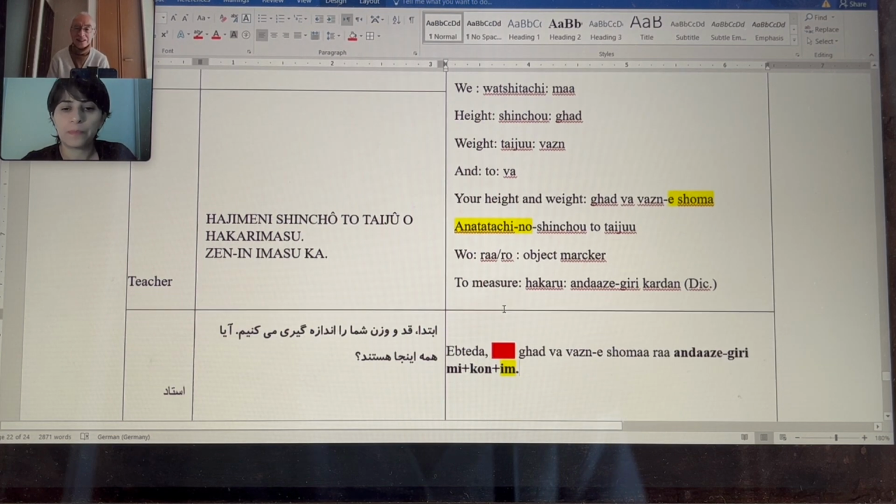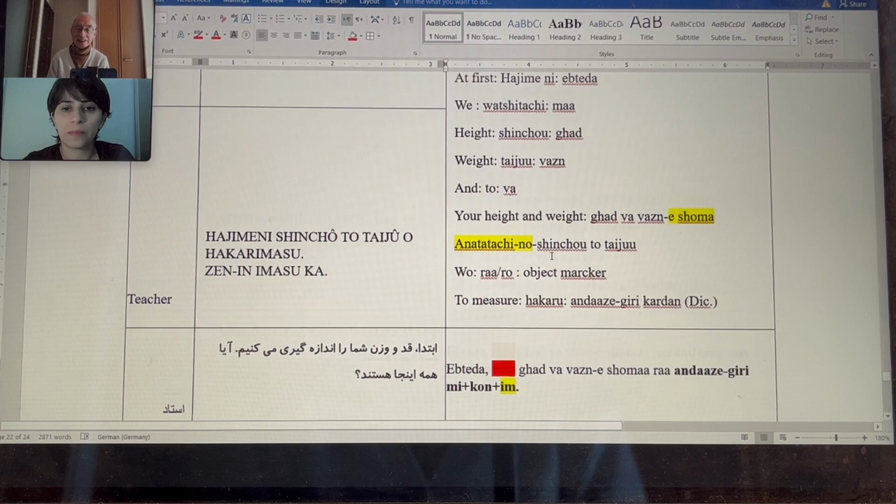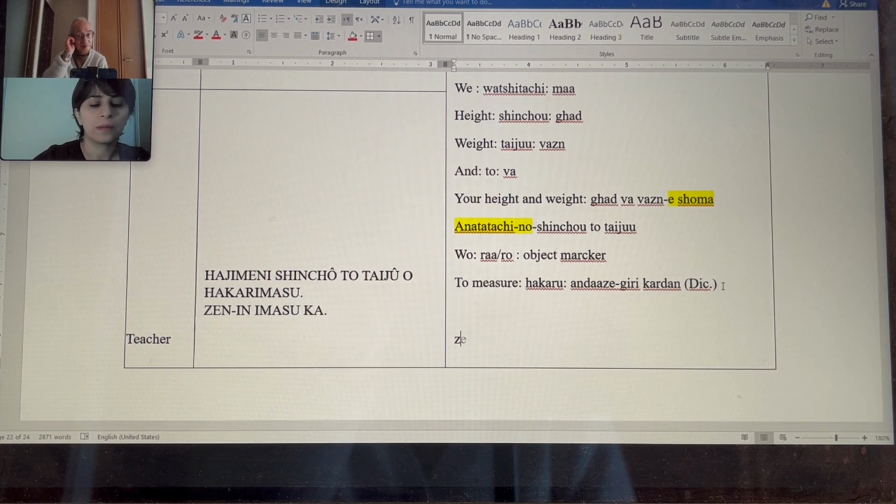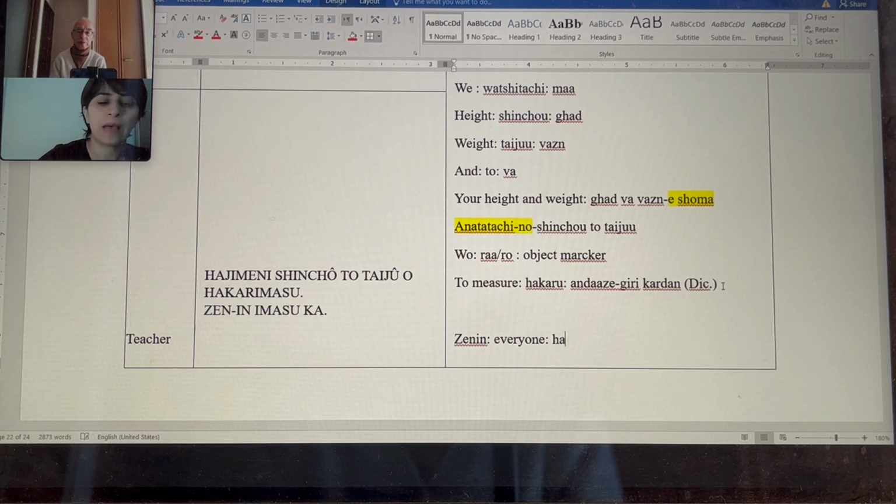So, let's go. Then in, or everyone. Hame. It's an indefinite pronoun, right?